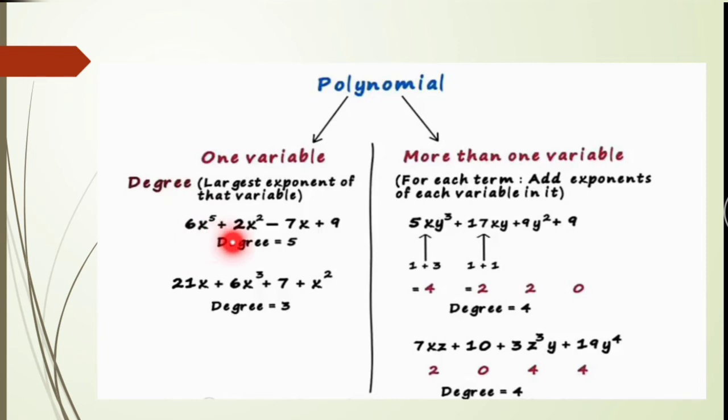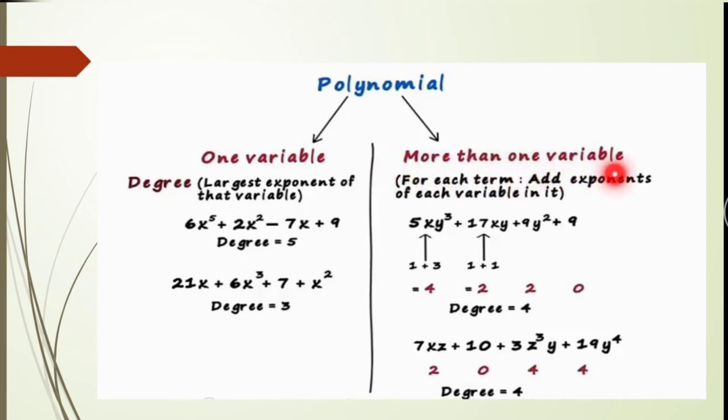6x to the power 5 plus 2x square minus 7x plus 9. Here the degree of the polynomial is 5. 21x plus 6x cube plus 7 plus 7x square, degree is 3.